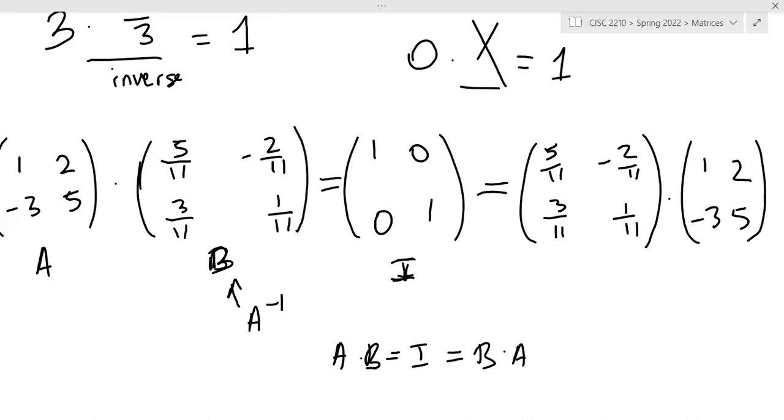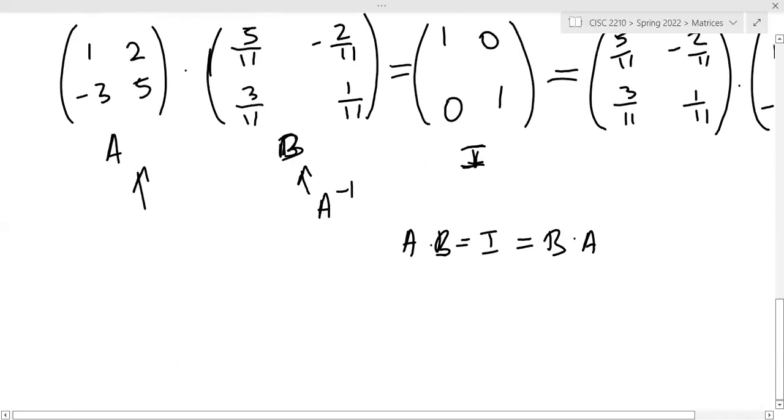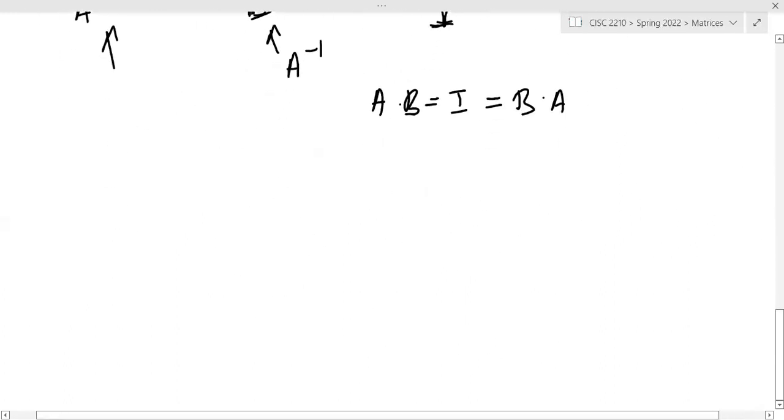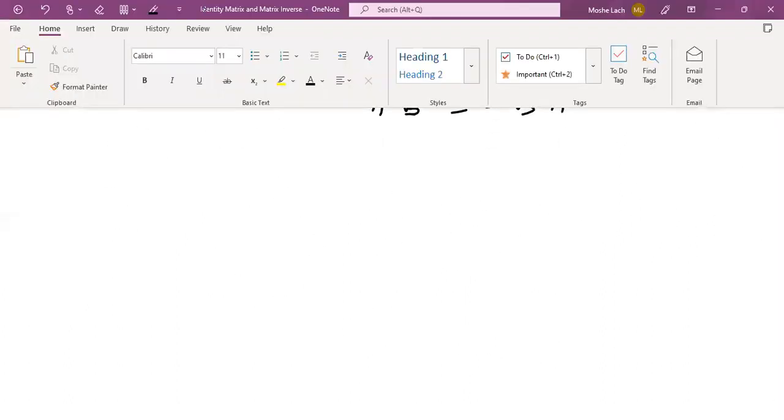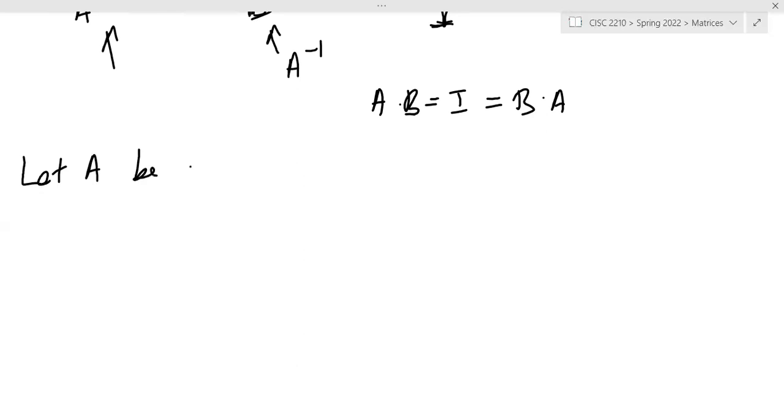Now, B doesn't always exist. Given a matrix A, it's not always possible to find an inverse of A. We'll give the rule for that in a little bit. But first, let me just state the definition of matrix inverse. Let A be an n by n matrix.